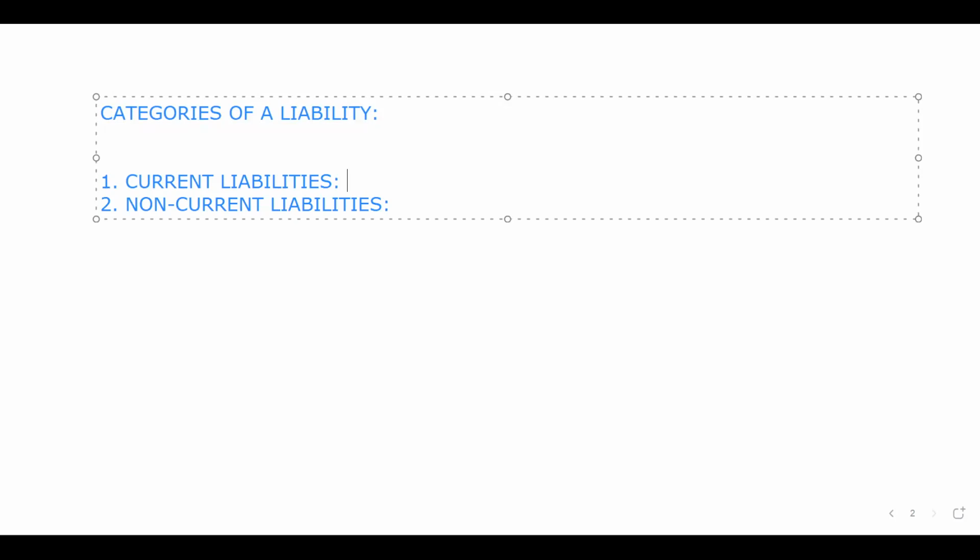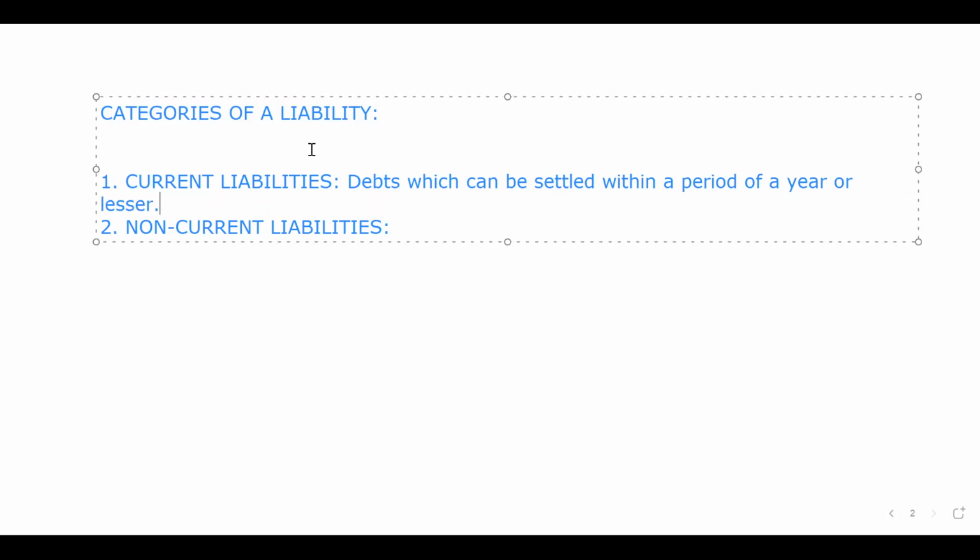And of course, what is a current liability? I'll simply say these are debts, right, which can be settled within a period of a year or lesser. Are we together?